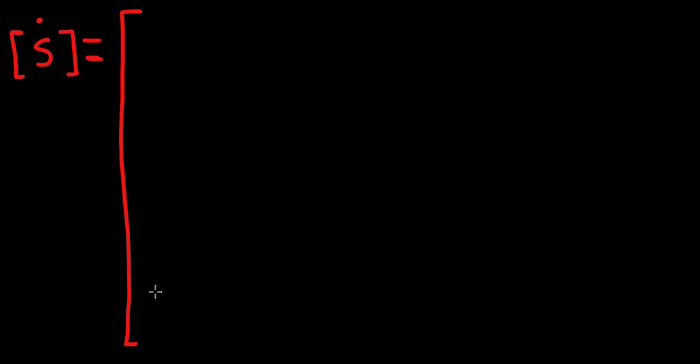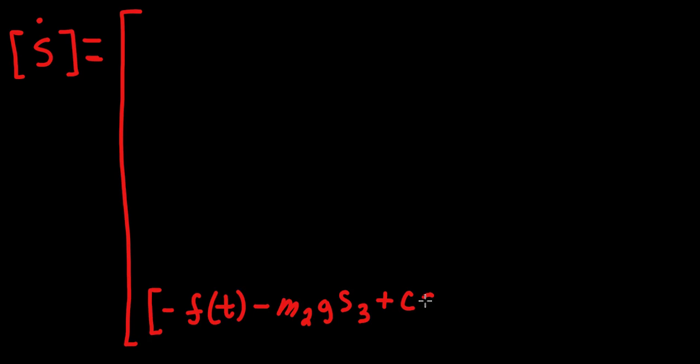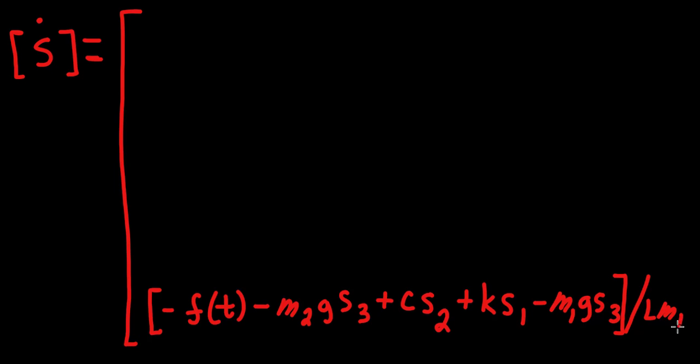The derivative is going to be negative f of t minus m2 g s3, again that's theta, plus c s2, again that is x dot, plus k s1, s1 is x, minus m1 g s3, again s3 is theta, divided by L times M1.